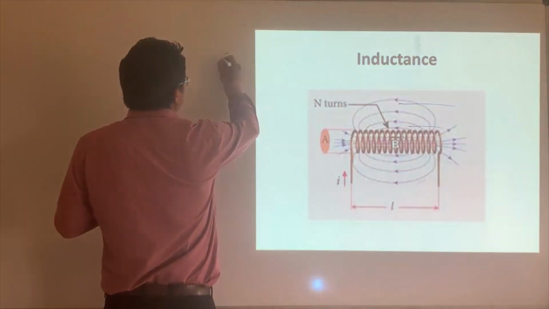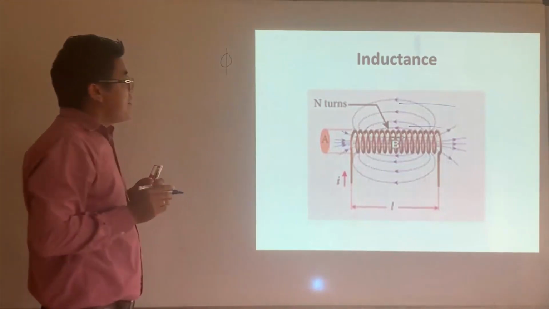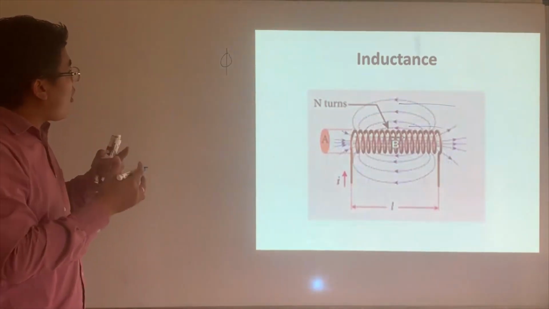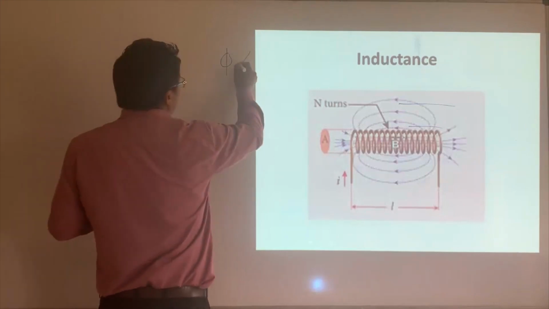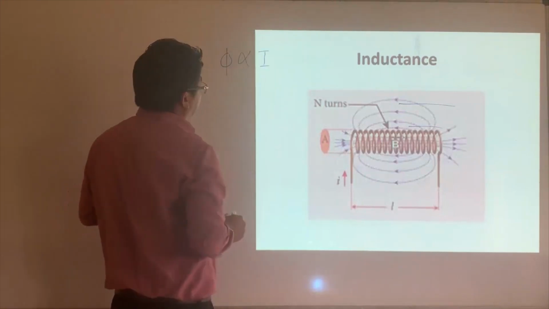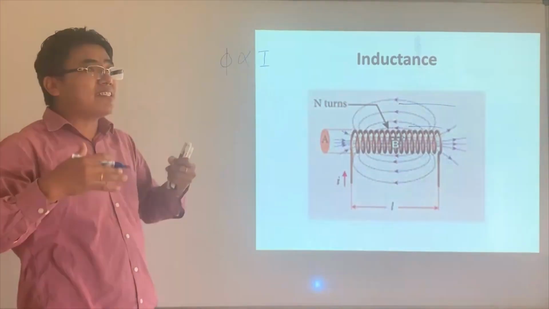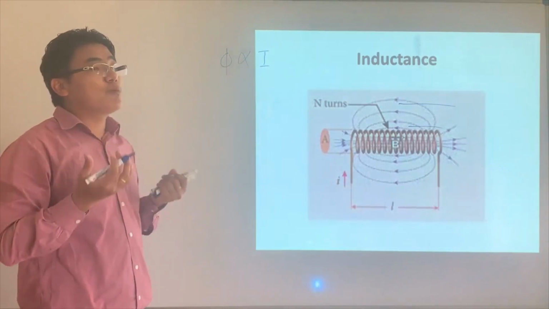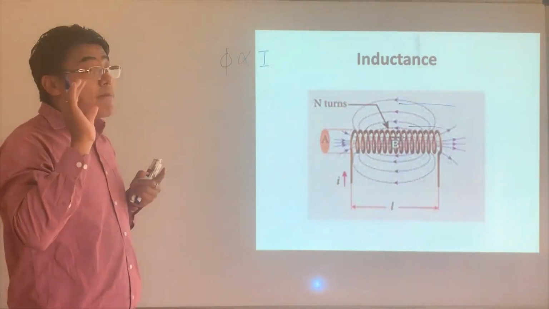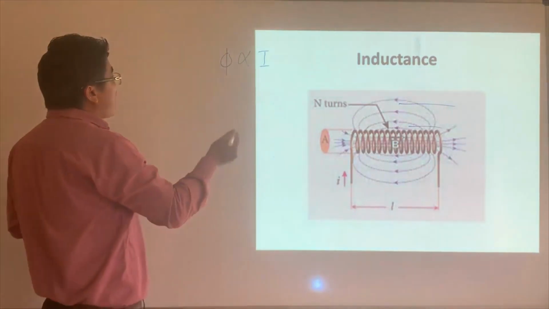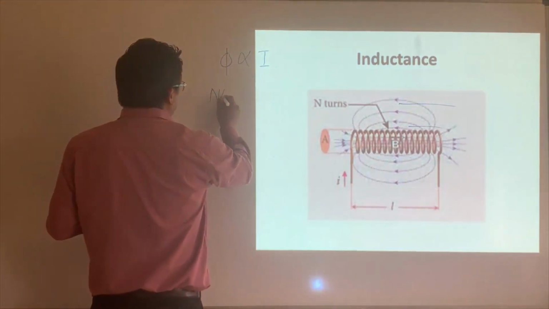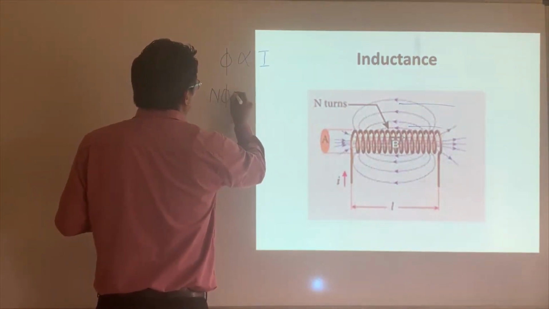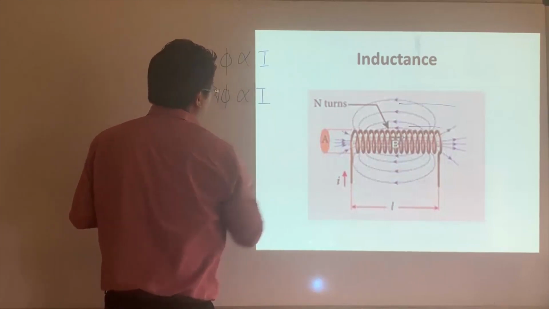The magnetic flux linked to one coil is proportional to current. If the current is greater, the magnetic flux is going to be greater. This is for one particular coil. Alright, so if I have N number of turns or coils, then this is what I have.